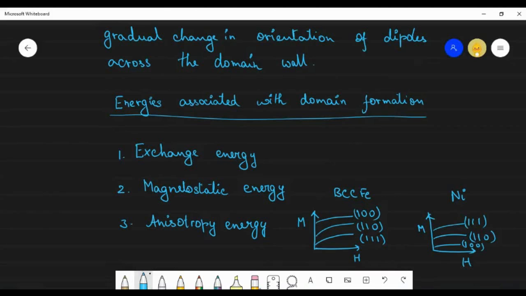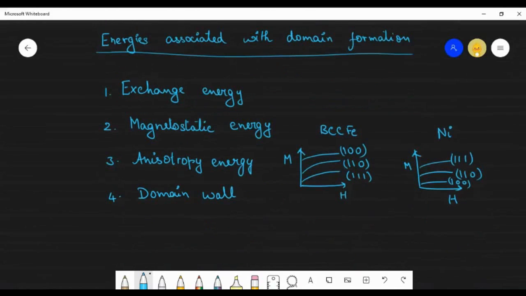So the domain wall energy. Domain wall energy is the energy associated with the formation of domains.